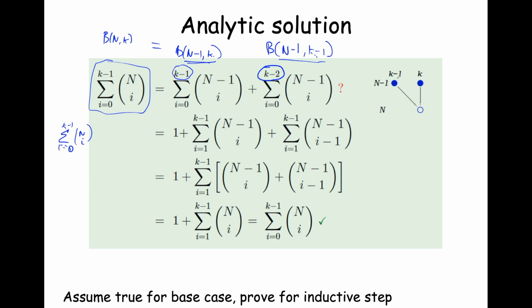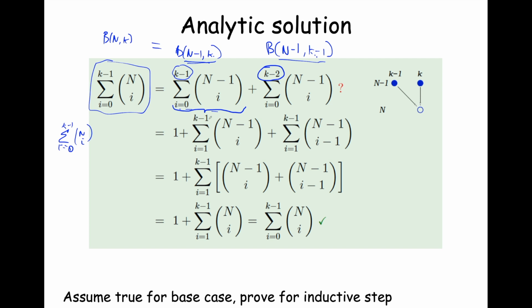So now we're going to simplify this a little bit. So when we go from this first step to the second step, we examine this first term here, and we examine this second term here. So starting with the first term, we notice that if we were to evaluate the summation on the first term for which i equals 0, n minus 1 choose 0 is always 1. And so we're going to unroll the summation and rewrite this term by taking out the iteration for i equals 0.